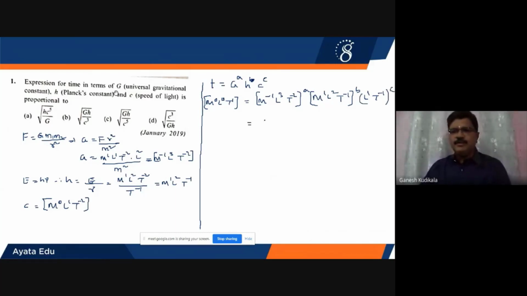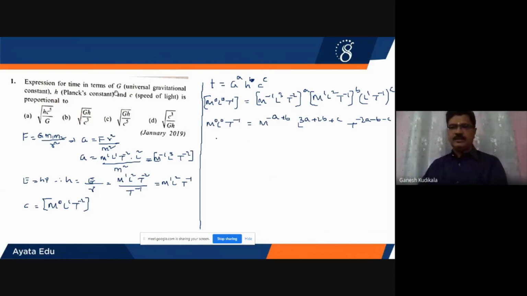Now if we simplify the right-hand side, using the first law of indices we get M to the power of minus a plus b, L to the power of 3a plus 2b plus c, and T to the power of minus 2a minus b minus c. On the left-hand side, as we know, it is M^0 L^0 T^1.